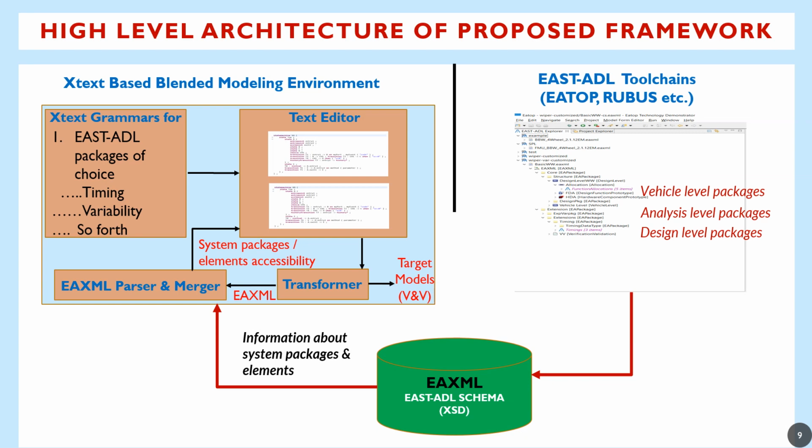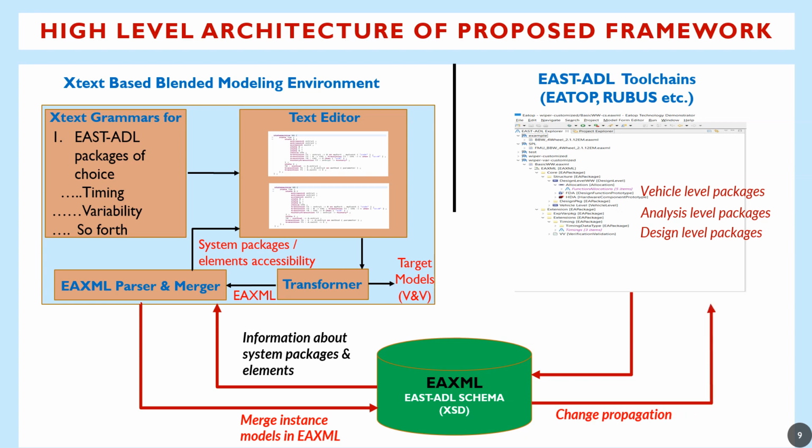This eXML is then merged back into the main eXML, and finally the changes are propagated back to the existing eSTDL tool. So this is the overall flow of the proposed XText-based blended modeling environment.